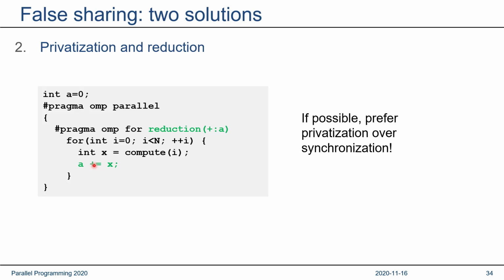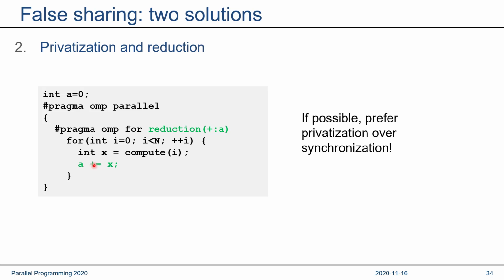So the general rule is, and this is not always possible, but if possible, prefer privatization over synchronization. Okay, prefer to privatize data into local instances, which are local to the threads, work on these local instances on their local stacks, and then in the end, reduce them together either with a reduction clause or manually.